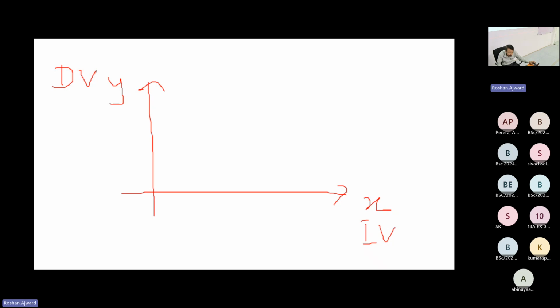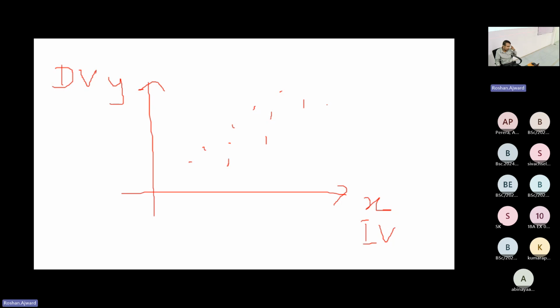So what we do is, for the last 24 or 36 months, we draw the relationship between, let's say, advertising expenditure and sales revenue. Each dot represents the corresponding advertising expenditure and the corresponding sales revenue.